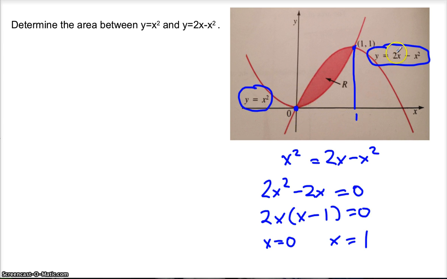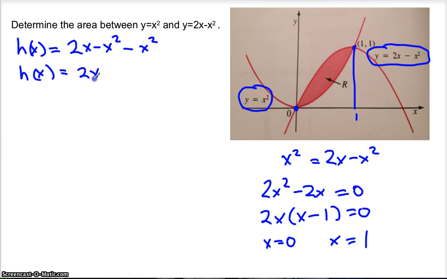So from this picture we know 2x minus x squared is above x squared. So our new h of x function will be 2x minus x squared, and we'll subtract x squared from that. Okay, so let's simplify that a little. We have 2x minus 2x squared.